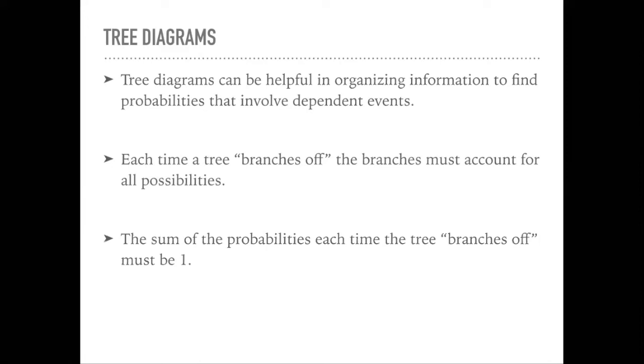So we're going to be drawing a tree where we branch off multiple times. And each time that we branch off, we have to account for all of the possibilities. So say we have some event and maybe there's 3 different things that could occur. So we'd have 3 different branches and maybe it's option A, B, or C. Maybe we're at a factory and an item came off of either assembly line A, B, or C. And maybe A is the most efficient and does half the work.